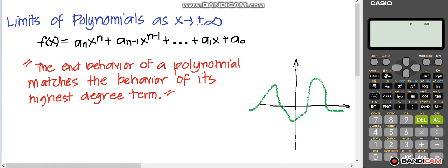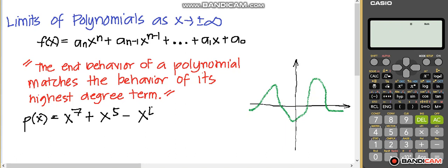Okay, so for example, we have this polynomial here. Sabihin natin we have the polynomial p of x equal to x raised to 7 plus x raised to 5 minus x raised to 4 plus 3. That is a polynomial of degree 7 dahil yung 7 ang pinakamataas na exponent ng variable x.